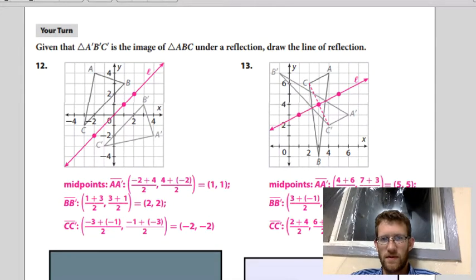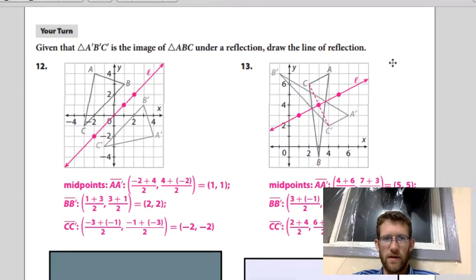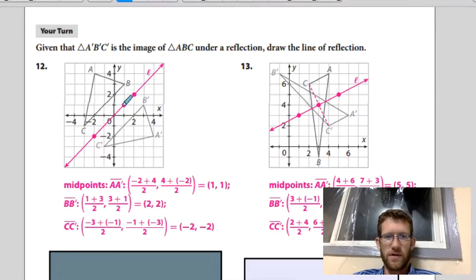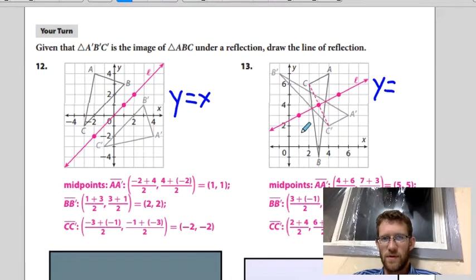And then this one gives us the values 5, 5, 3, 4, and 1, 3. Again, just by looking at these, I expect you to be able to do the equation for these lines. This one is y equals x, and this one, in mx plus b form, we need the slope. The slope is 1/2 x, and then the y-intercept is 2.5, something like that.